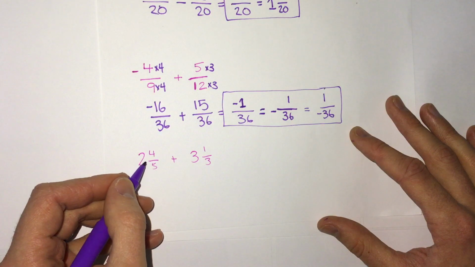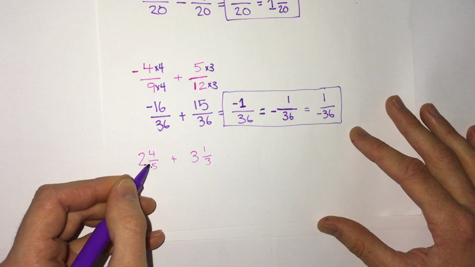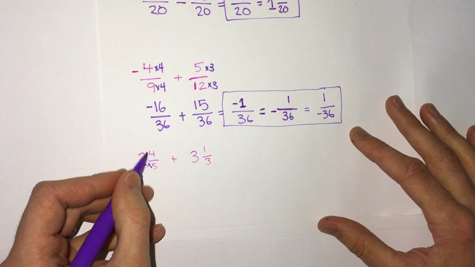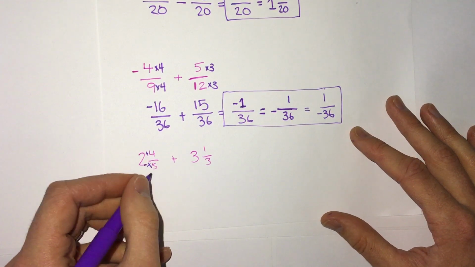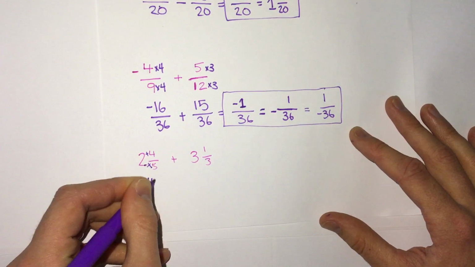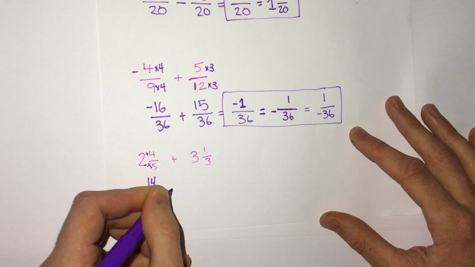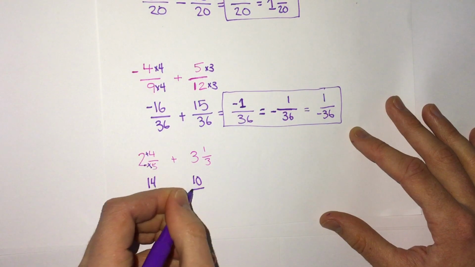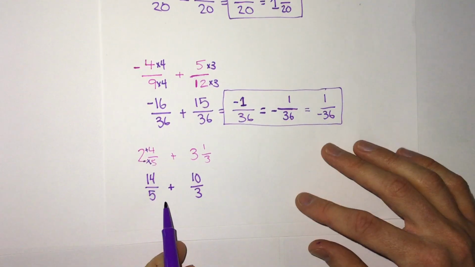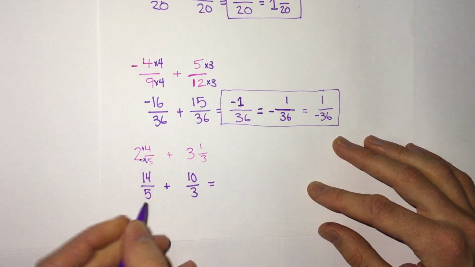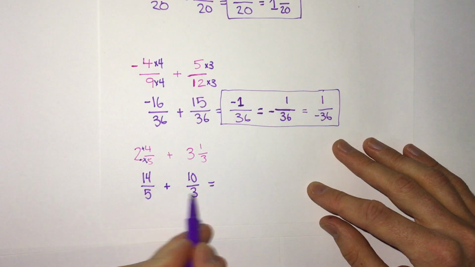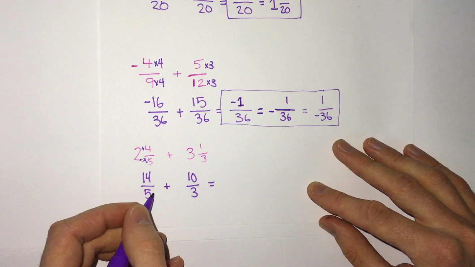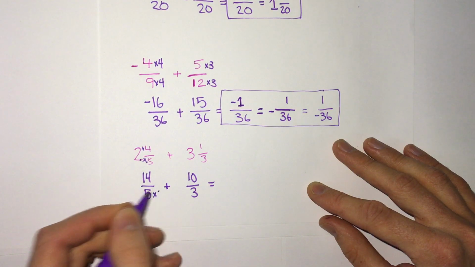So remember, to do that, we take our whole number, multiply it by our denominator, then add our numerator. 2 times 5 is 10, plus 4, we get 14/5, plus 3 times 3 is 9, plus 1 is 10, so 10/3. Then we have to change that into a common denominator. 5 and 3, well, we can pretty quickly see that that's 15.